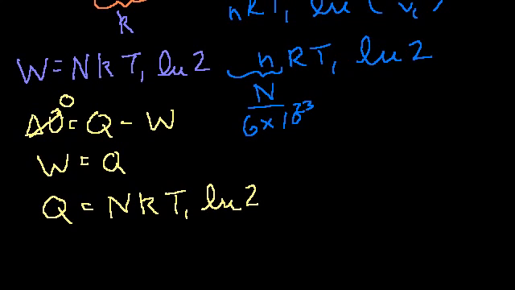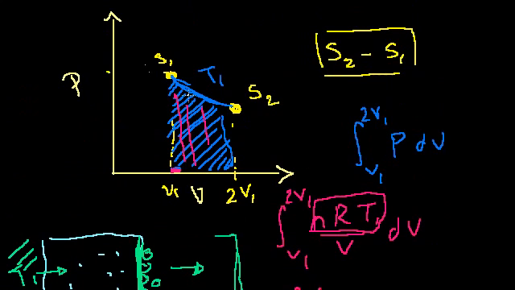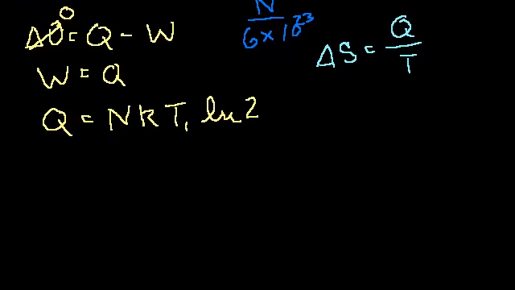Now, in the last video, I defined change in S as equal to Q, the heat added, divided by the temperature at which I'm adding it. So for this quasi-static system, what was the change in S? How much did our S state change by? So change in S is equal to heat added divided by our temperature.